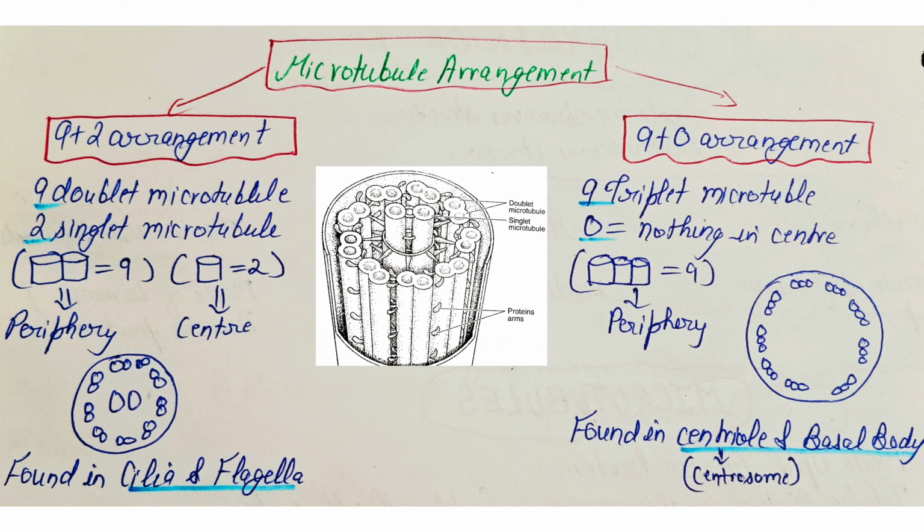Second is the 9 plus 0 arrangement. In 9 plus 0 arrangement, there are 9 sets of triplet microtubules and 0 indicates that nothing is present in the center. These 9 sets of microtubules are towards the periphery. 9 plus 0 arrangement is found in the centriole and the basal bodies.